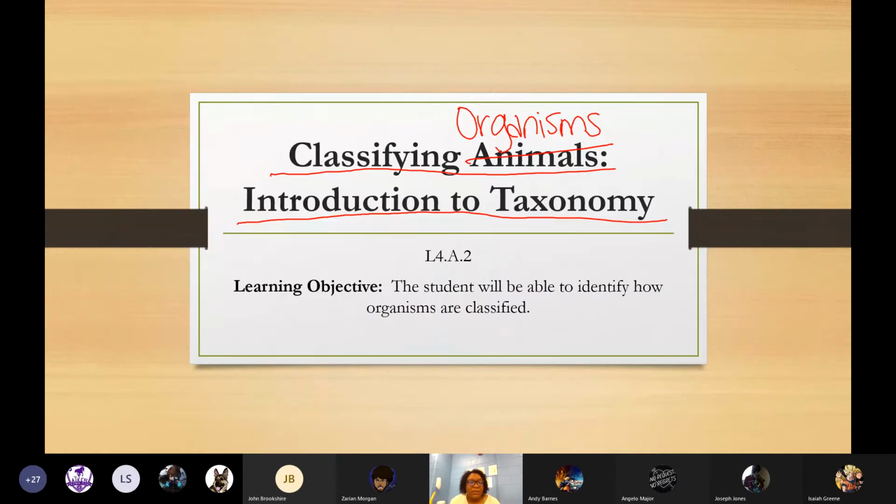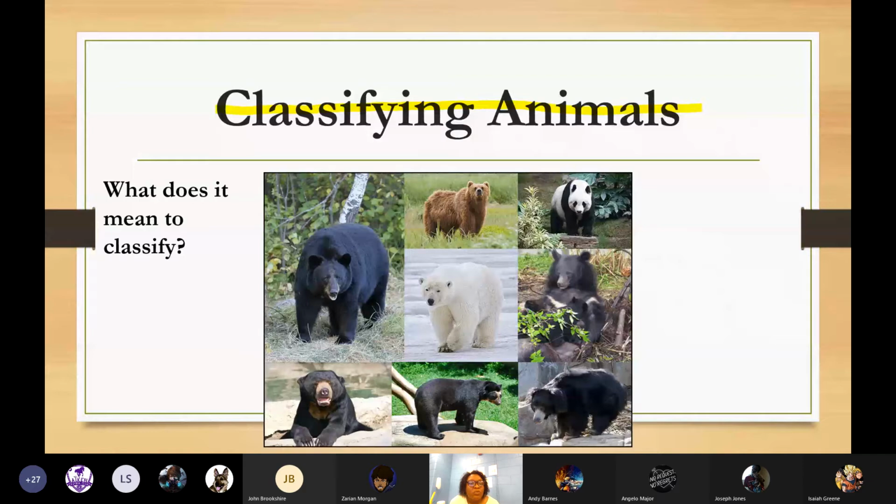That's important, especially as we look at the question here in our notes, what does it mean to classify? What does it mean to classify?